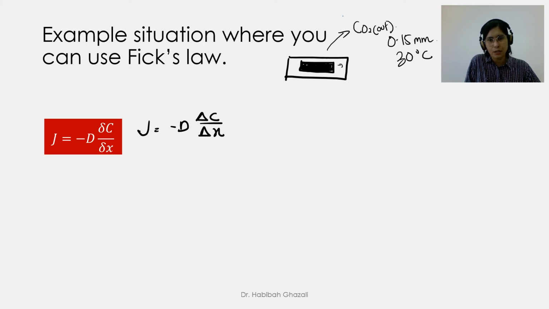We know the position outside, so the change in position will start from 0, where x naught equals 0. This is where the concentration of oxygen is at its highest, which is the outside of that foil. The change goes to where the concentration of the oxygen is the lowest, which is inside that plastic foil.